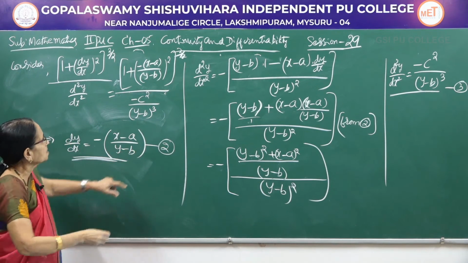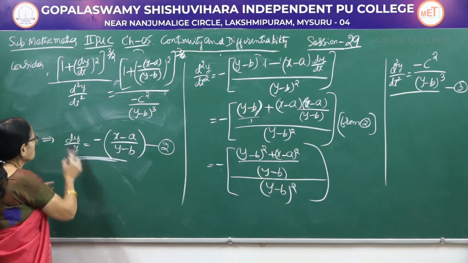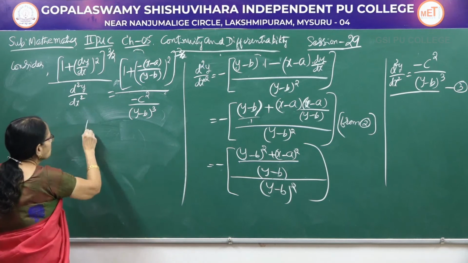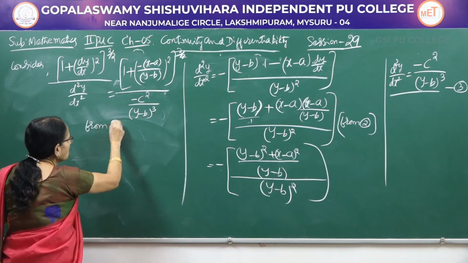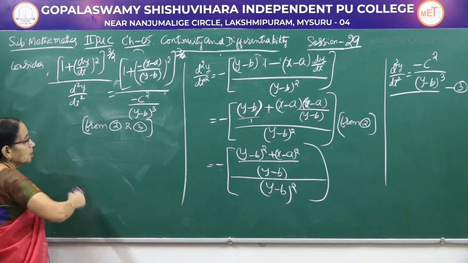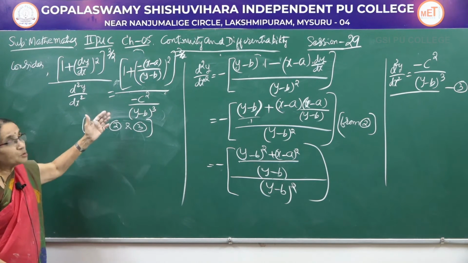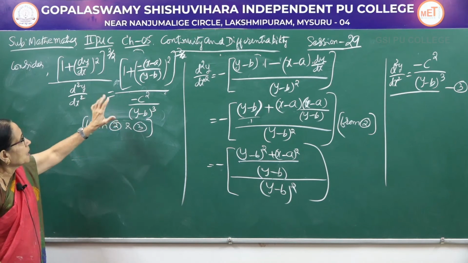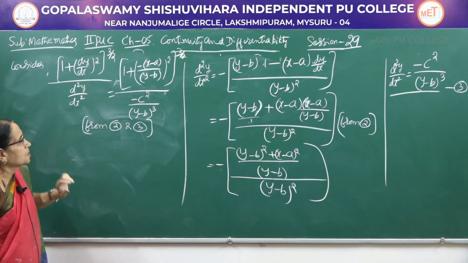So I have used the second result and the third result. If you want, you can quote from 2 and 3. Whatever derivatives we had calculated first and second, I have written in the proper places.